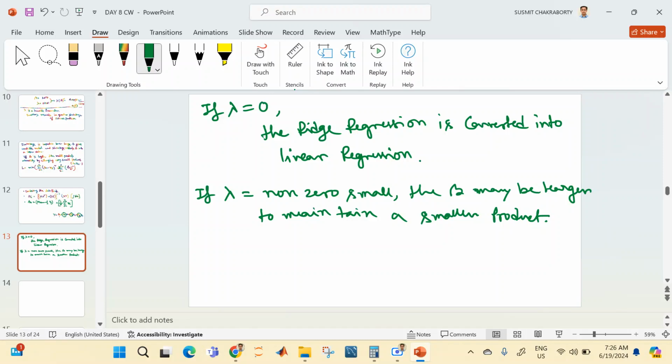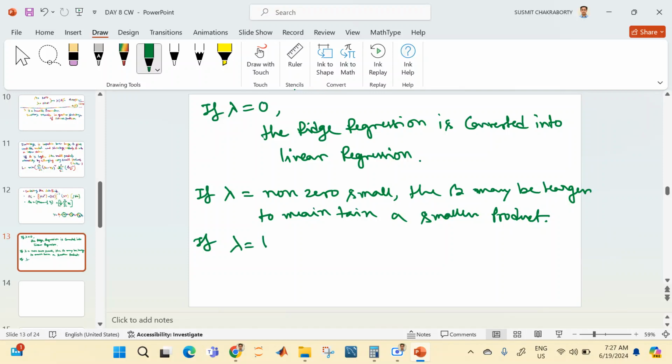That means if lambda is very small, then beta may be larger, but the product is very small, right? That's why there is a leverage actually. Beta may be larger. For the larger beta, we have used small lambda. I am just telling it in another manner. If non-zero small, then beta may be larger. This is also true.